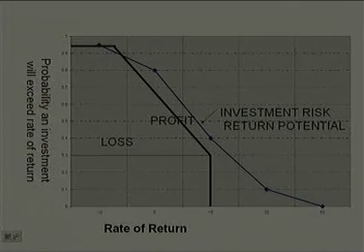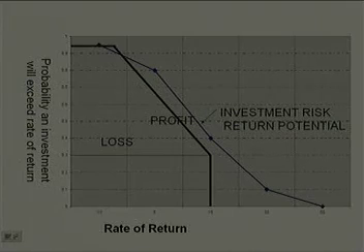It could be minus 10, minus 5, 0, 5, plus 10, plus 15, plus 20, 30, 40, 50. So, these values are given on my x axis, rate of return. On the y axis, I have the probability that an investment will exceed the rate of return.